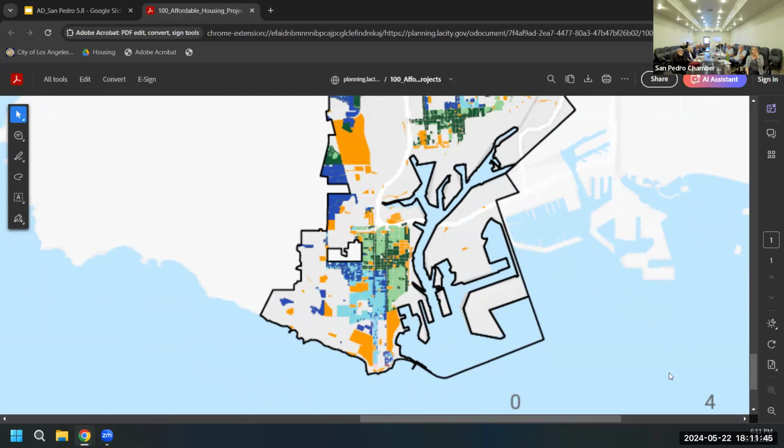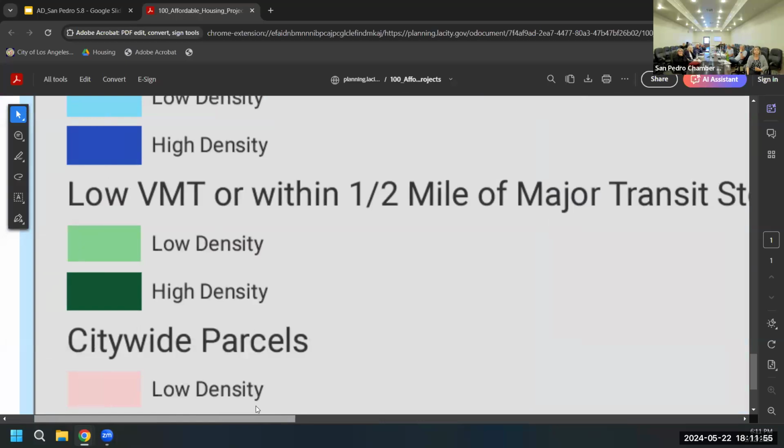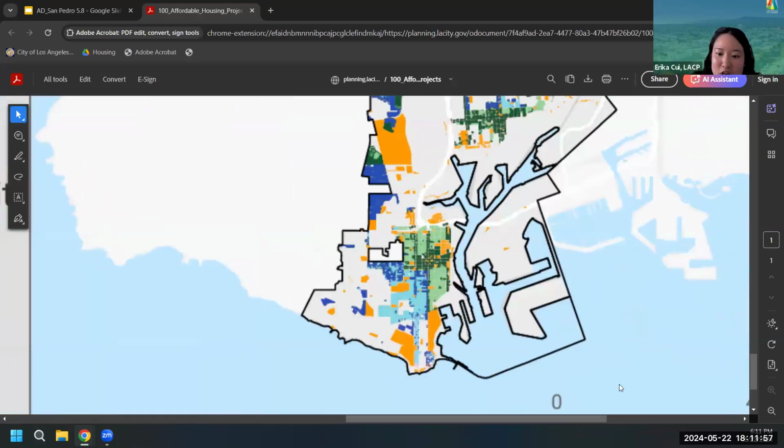That's okay. So vehicle miles traveled, that's the green part. How's that determined? Vehicle miles traveled is defined by state government code, specifically section 65915, subsection O, subsection 9.